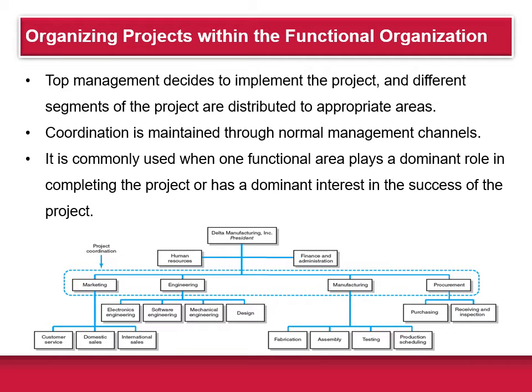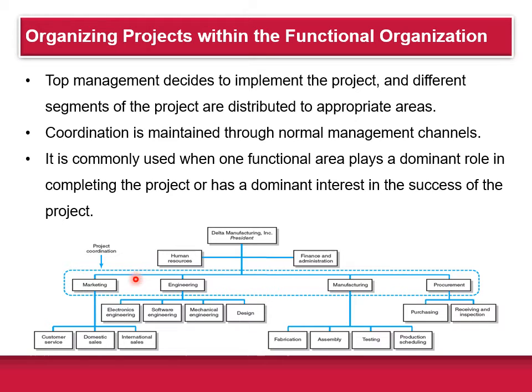So one approach for organizing projects is simply to manage them within the existing functional hierarchy of the organization. Once management decides to implement a project, the different segments of the project are delegated to respective functional units, with each unit responsible for completing its segment of the project. The coordination is maintained through the normal management channels.